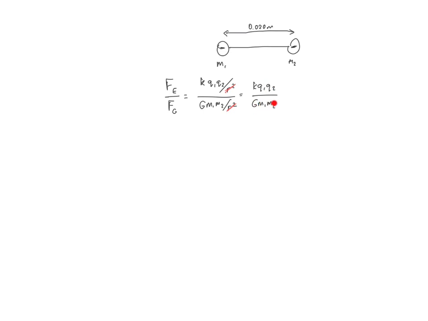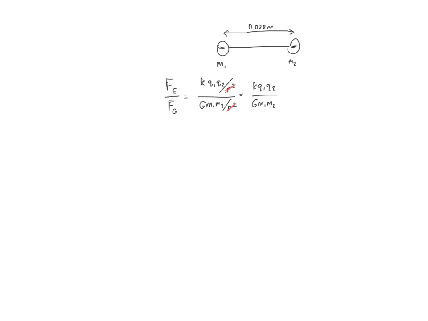And M1 is 0.03, M2 is 0.06, and you should get an answer in scientific notation of about 1.2 times 10 to the 6th power, which basically says that the electrostatic force between the charges is over 1,000,000 times bigger than the gravitational force between the charges. So you wouldn't even really notice that gravitational force, which is why if you were to draw a free body diagram for one of these charges, you wouldn't even include that universal gravitational force.